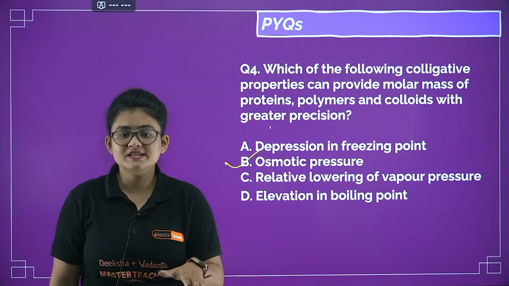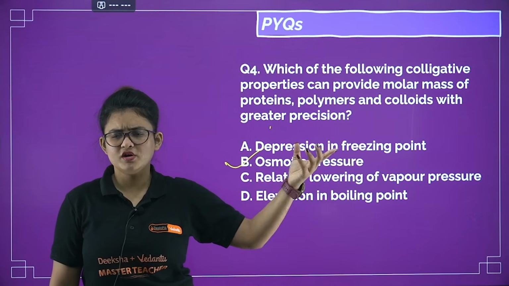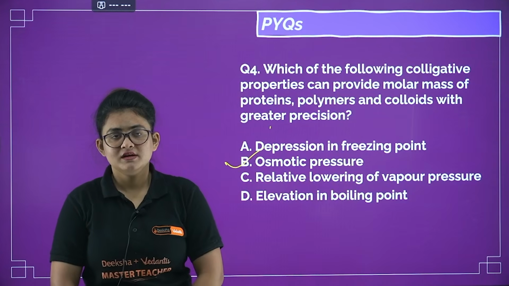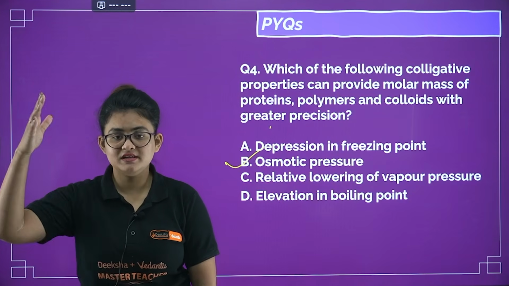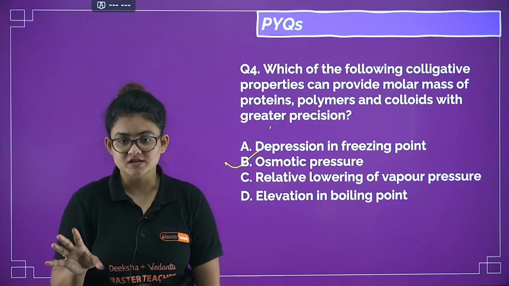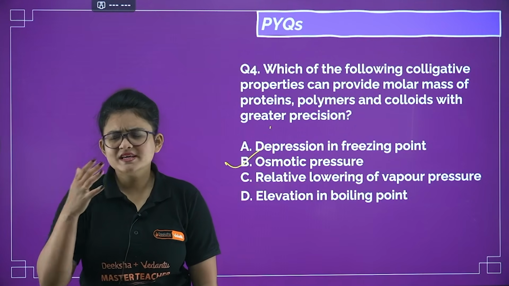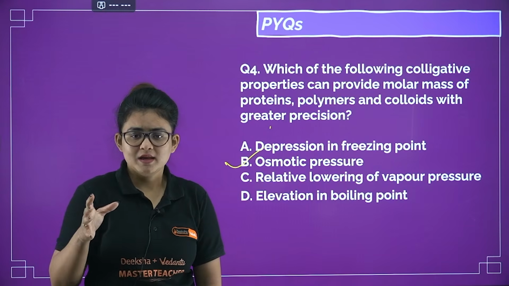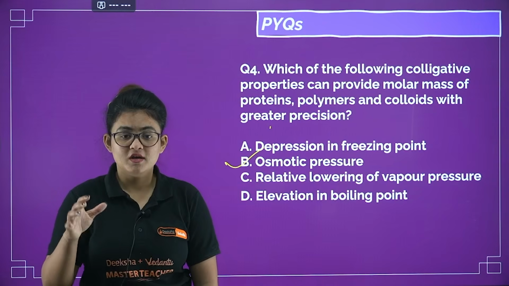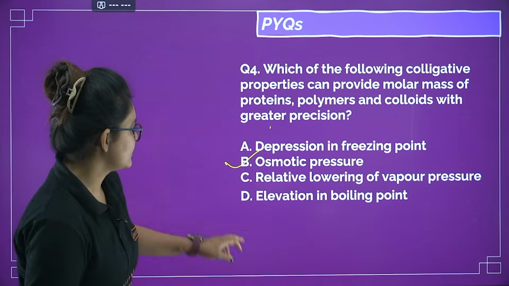In order to maintain the stability of those proteins, colloids or polymers, we should avoid varying the temperature to that extent, whereas osmosis can be done at normal room temperature. So that method is more accurate. In other cases we have to use molality, but in osmotic pressure the number of moles works and the calculation is also very convenient. So we can use osmosis.